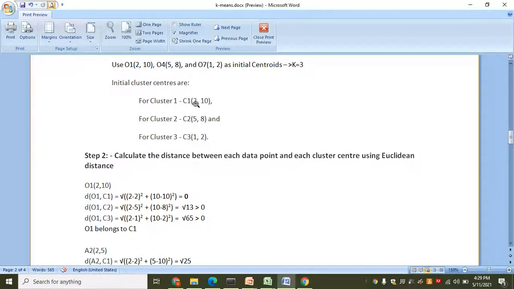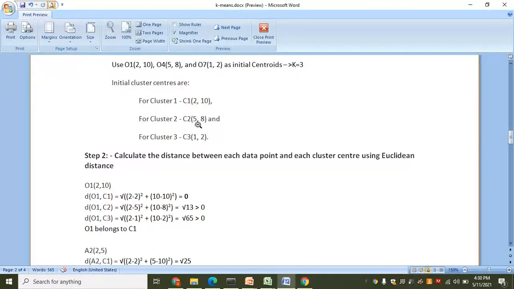This 2 is x1, this 2 is x2, this 10 is y1 and this 10 is y2. The distance is the square root of 2 minus 2 the whole square plus 10 minus 10 the whole square, which will be 0.